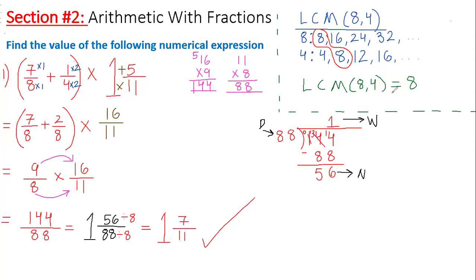What are the multiples of 4? 4, 8, 12, 16, and so on, right? So what is the lowest common multiple? 8, very good. And so that means we need to make sure that this 8 and this 4 are going to turn into 8. We need to make sure these denominators are like denominators because we cannot add or subtract unlike denominators. You understand that?